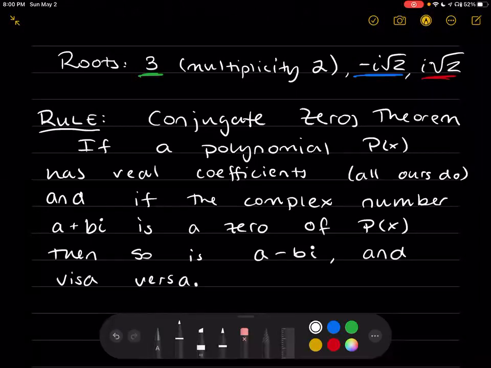So if you're factoring a polynomial and you find that 1 minus 2 times i is a root, then we also know that 1 plus 2i is going to be a root.